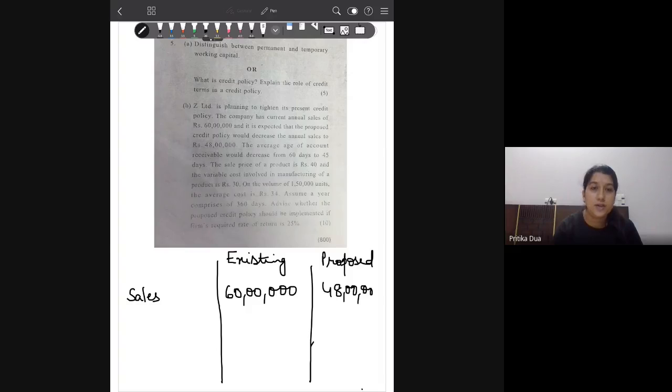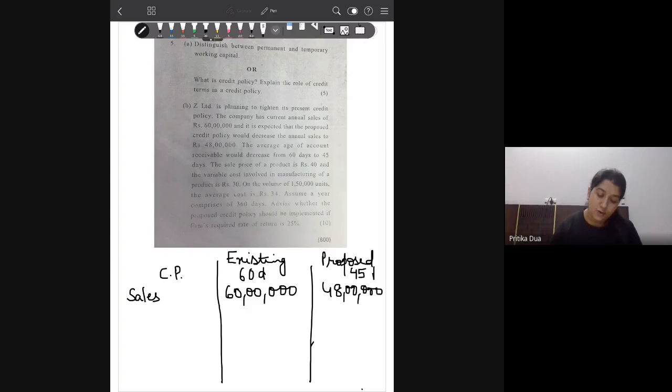Now, the average age of accounts receivable would reduce from 60 days. Your credit period here is 60 days, and that gets reduced to 45 days. Selling price is 40, while the variable cost is rupees 30.